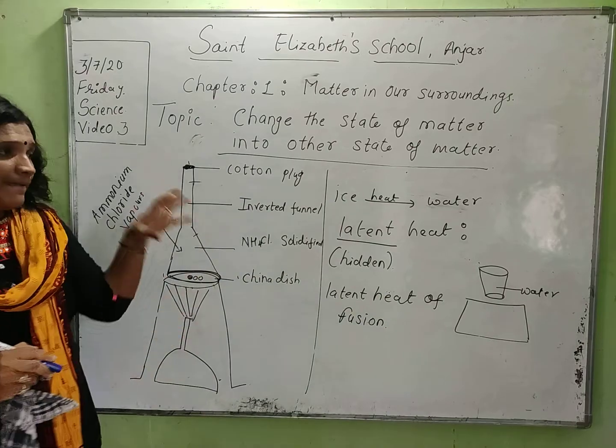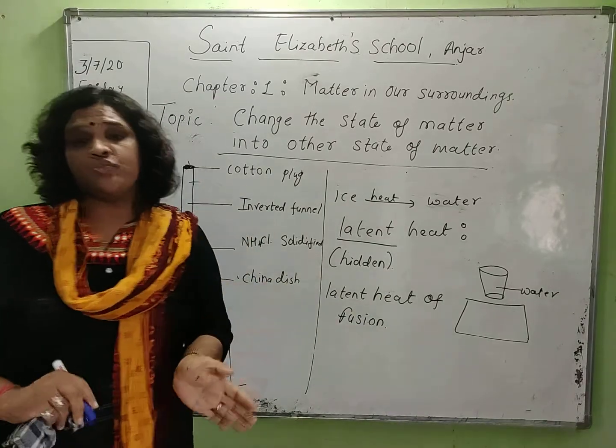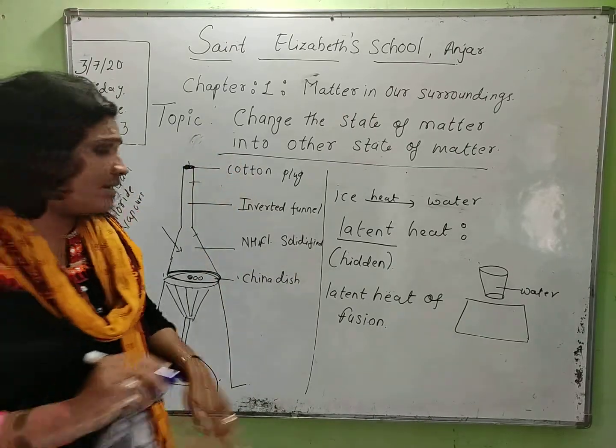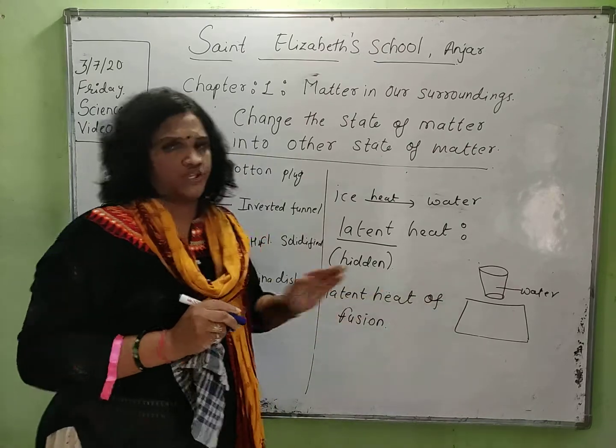Why fusion? Because this heat is used to convert solid particles into liquid particles, and this process is known as fusion. Therefore, this heat is known as latent heat of fusion.